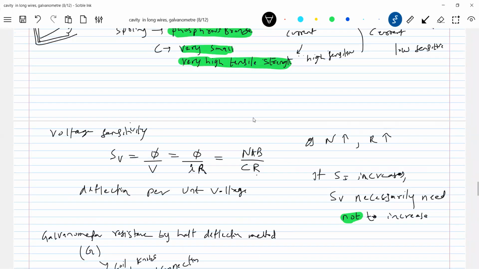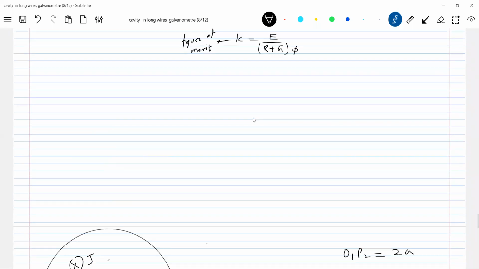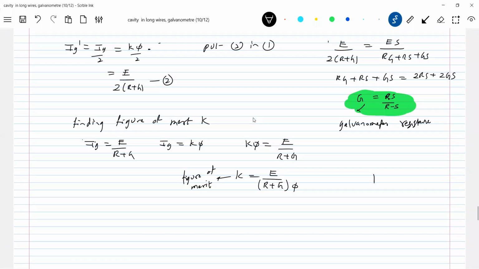The figure of merit is equal to C by NAB. Even these quantities are very difficult to measure. Number of turns, okay. Area of the coil, okay. Getting B and C is very difficult to measure. So I'll find out that figure of merit also. Or what should the figure of merit be, very high or very low?